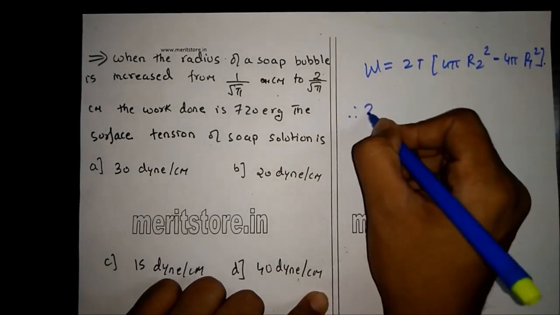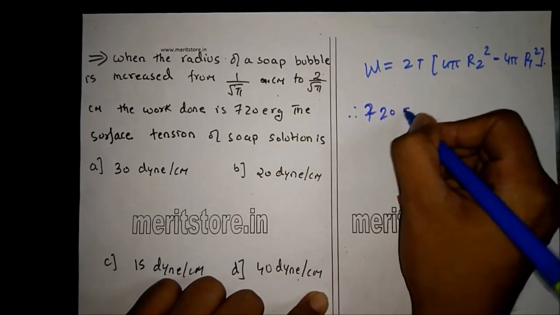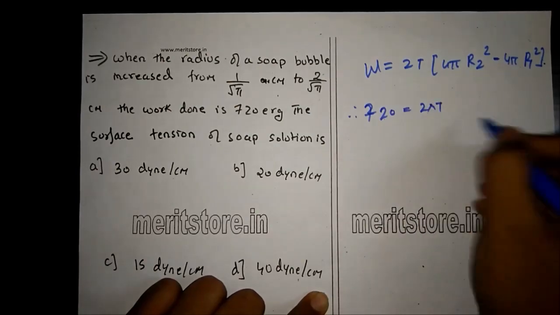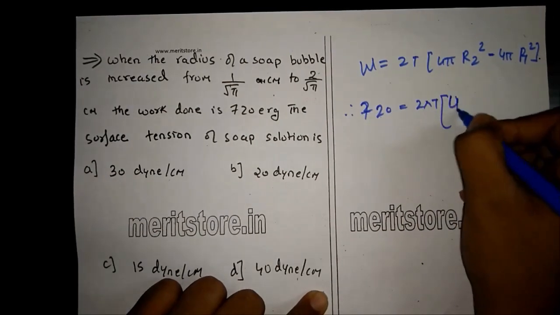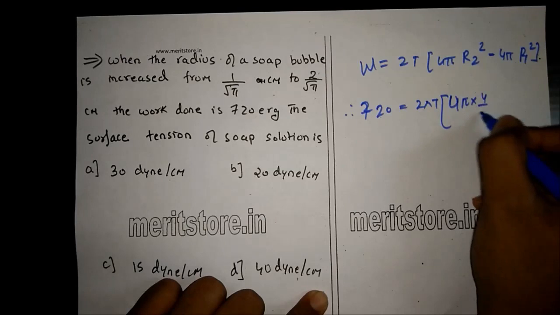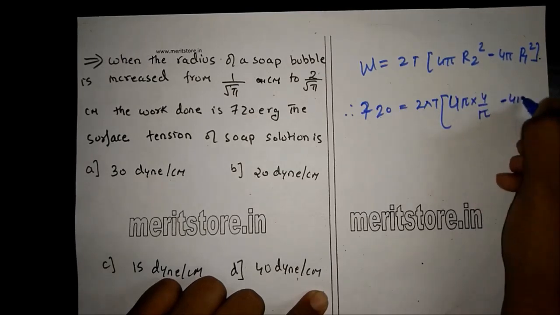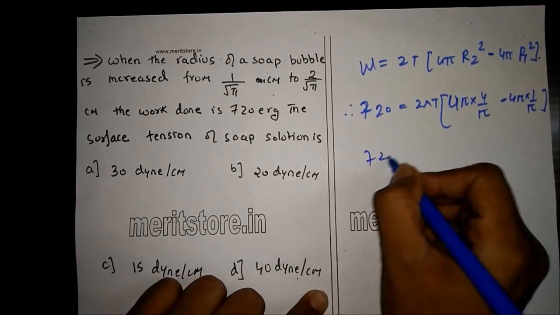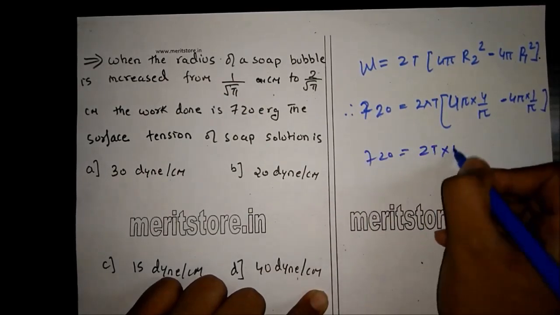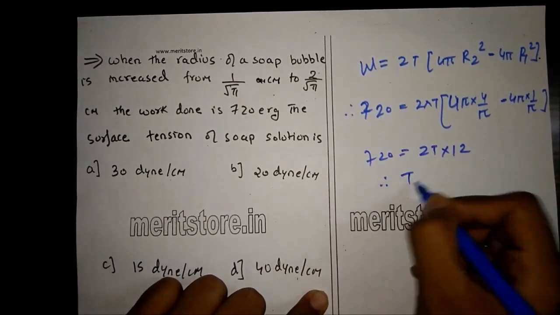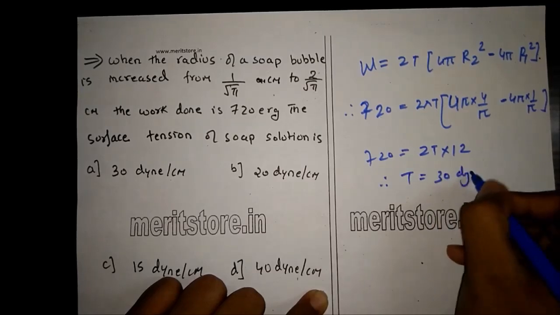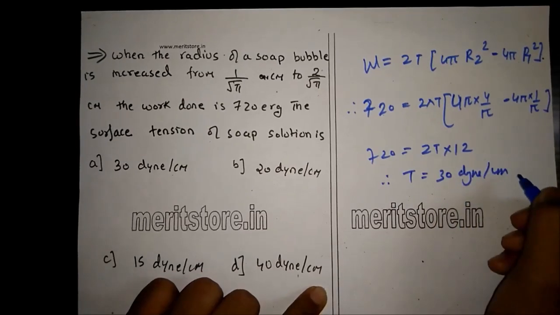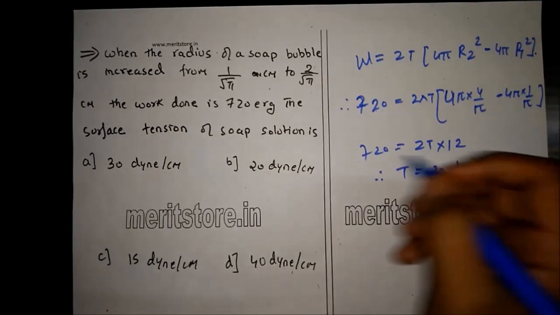Therefore, 720 will be equal to 2 into T into (4 pi into 4 upon pi minus 4 pi into 1 upon pi). Therefore, 720 will be equal to 2T into 12. Therefore, T will be equal to 30 dyne per centimeter. Therefore, the correct answer will be option A.